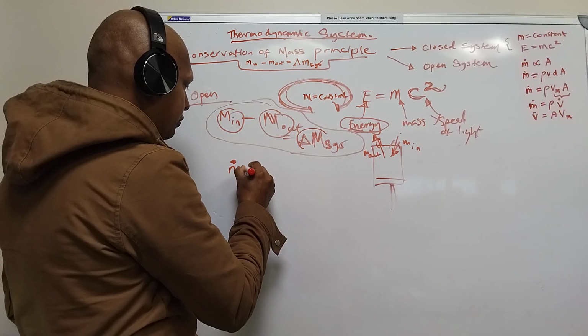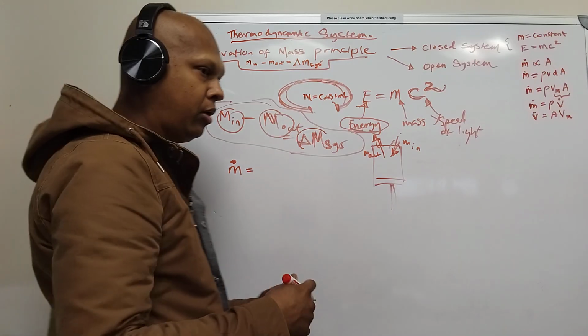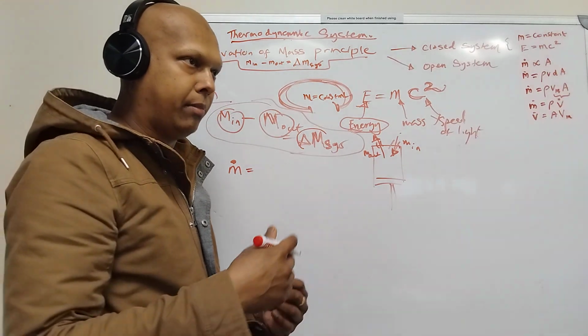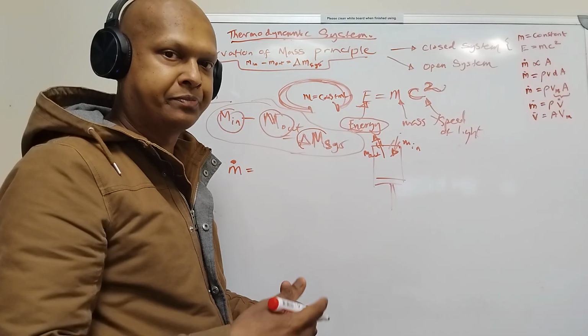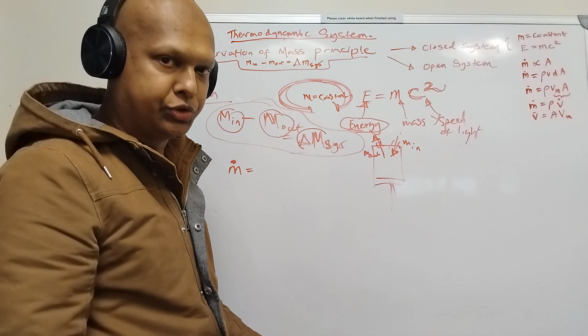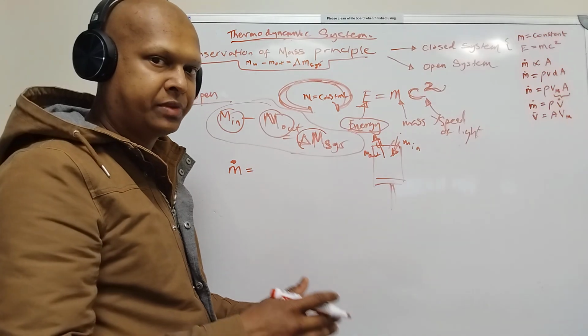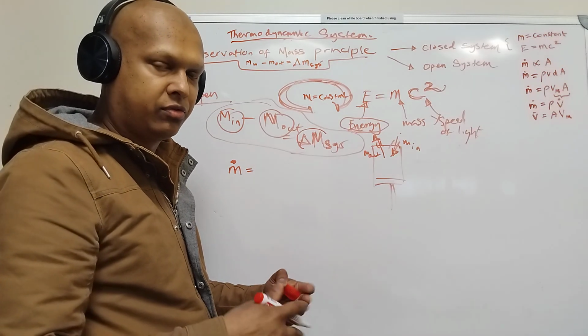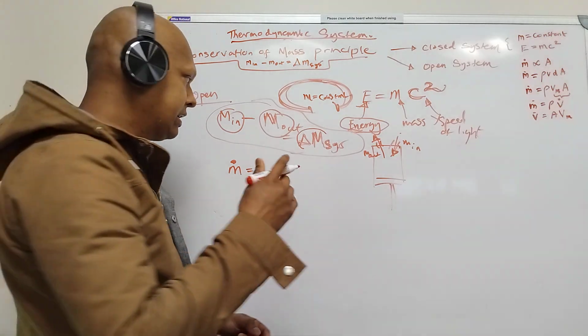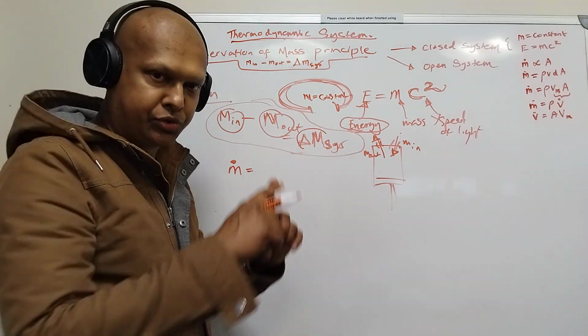One of the most important topics in an open system is the mass flow rate. The mass flow rate is the amount of mass per unit time, the flow of mass through a unit area.